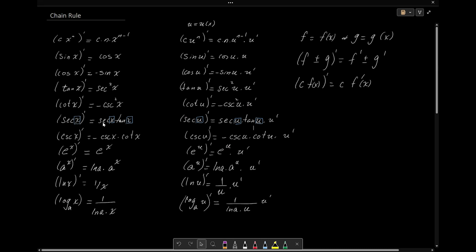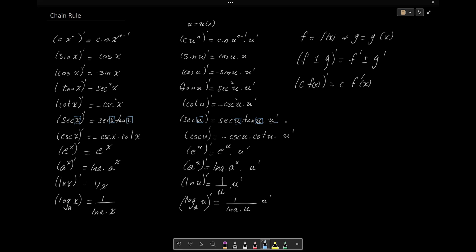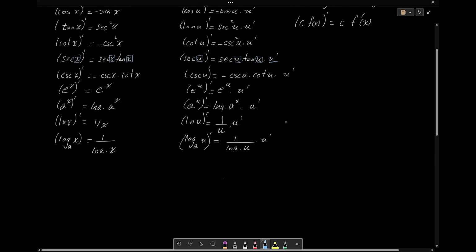Secant of x prime is secant x tangent x. Secant u prime is secant u tangent u. But the difference is at the end, I multiply by the derivative of that u, of the argument of the secant. Okay? Quick example.